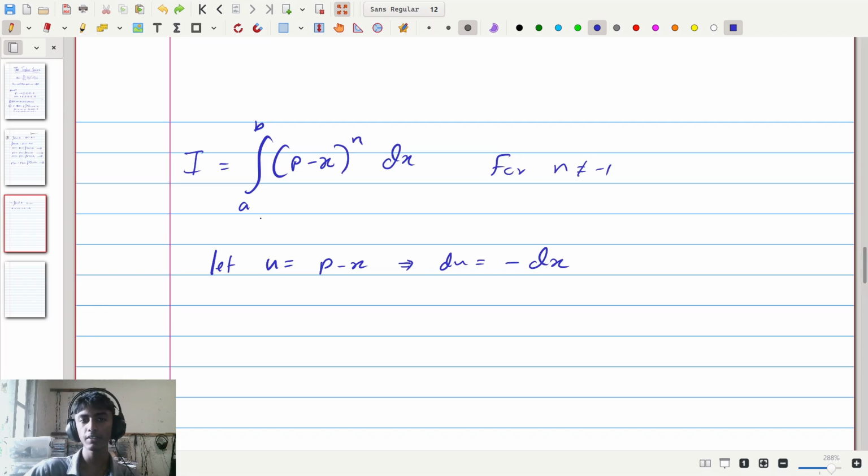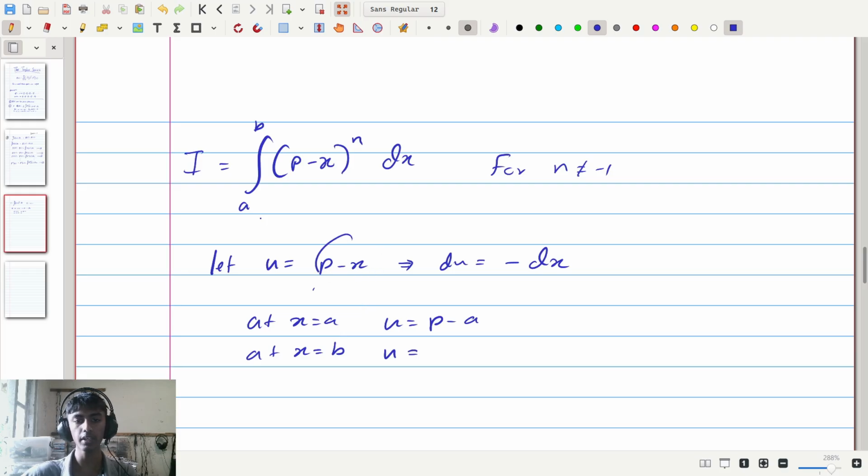Furthermore, considering the limits here, we have a and we have b. At x equal to a, u is going to be equal to p minus the value of x, which is going to be p minus a. So u is going to be p minus a. Similarly, at x equal to b, u is going to be p minus b. So here we have u equal to p minus b.